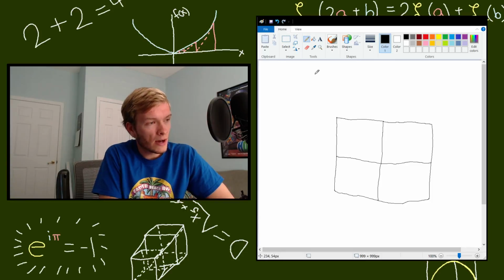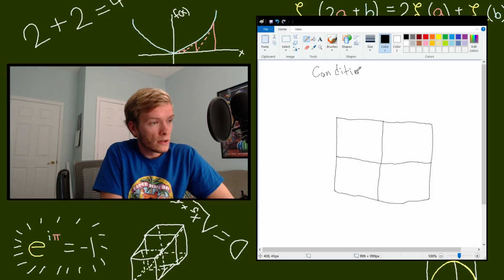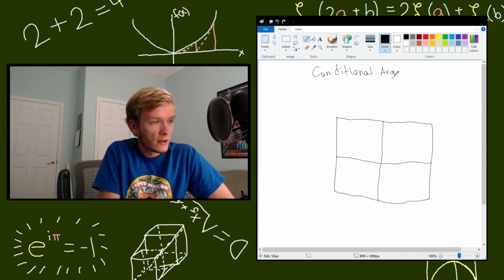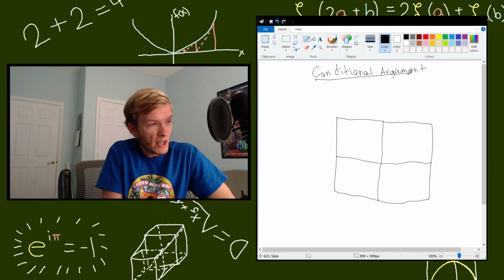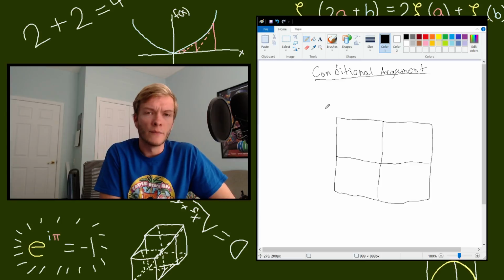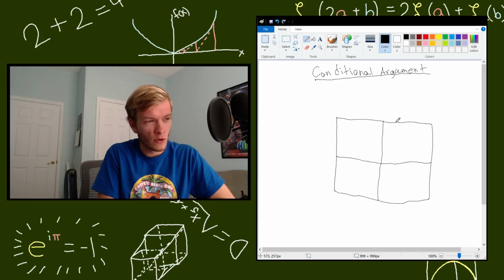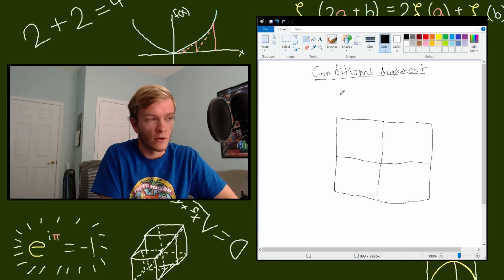So what we're talking about is a conditional argument. And what a conditional argument is, I am completely shanking this word, conditional argument. It doesn't necessarily have to fit this exact format, but this is what we usually think of a conditional argument being.